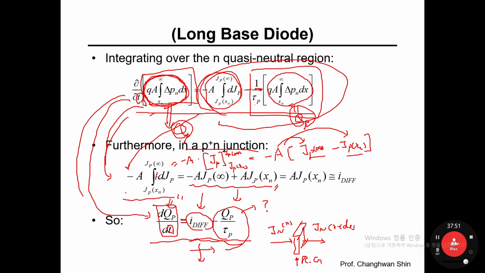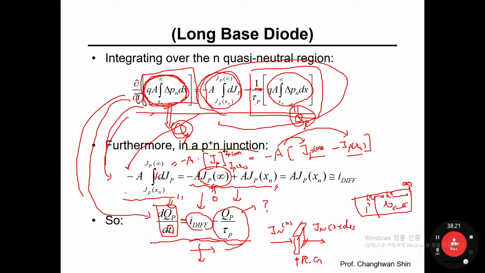By the way, this jp at x of infinity is almost zero. In other words, in a p-n junction diode, once a hole is injected inside and travels toward x of infinity, how many holes are alive without any recombination with electrons in the inside material?